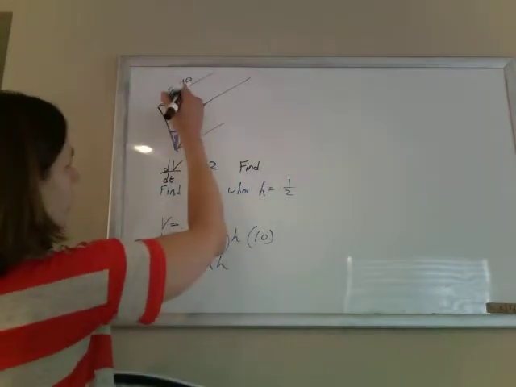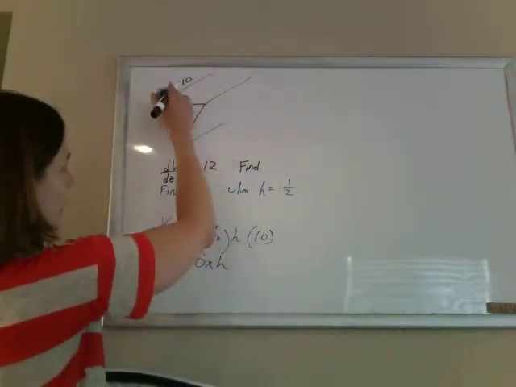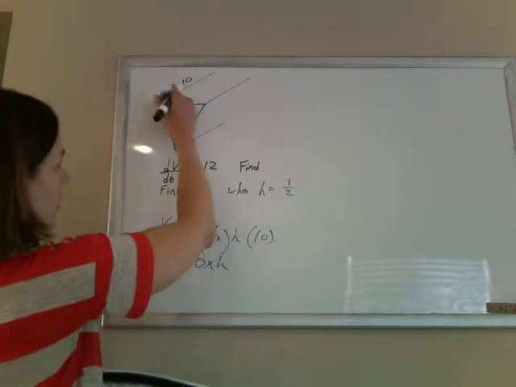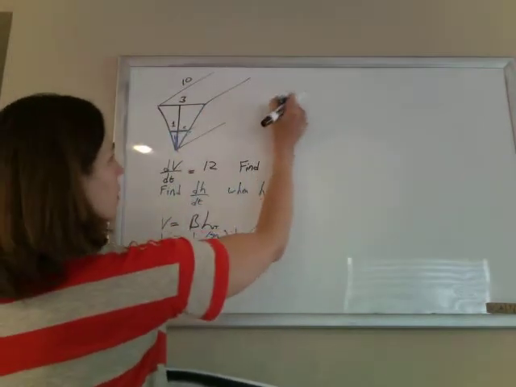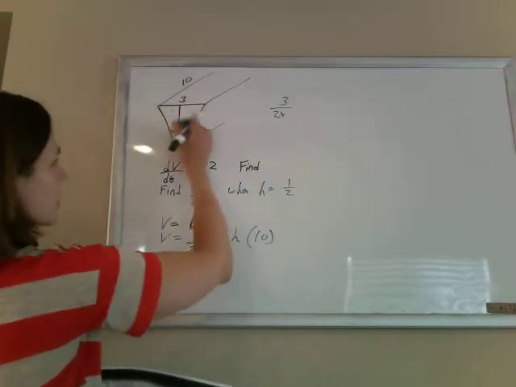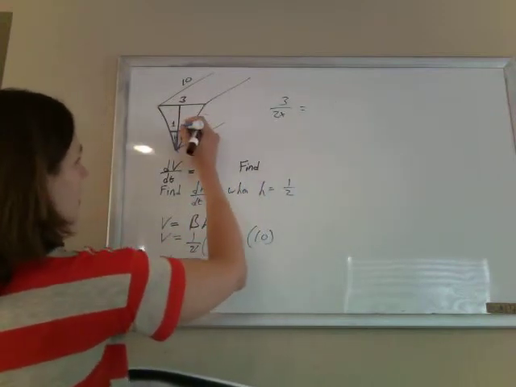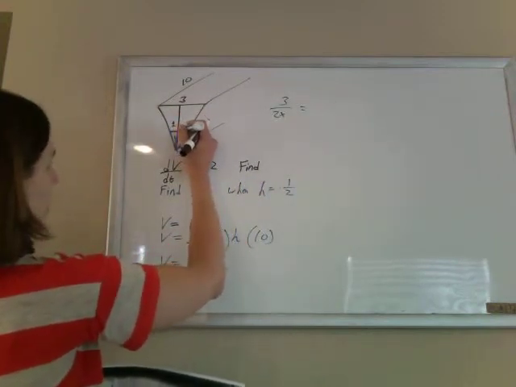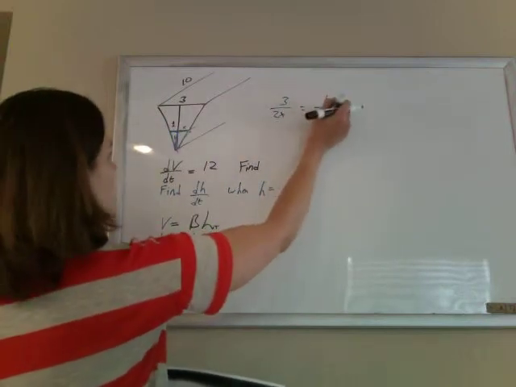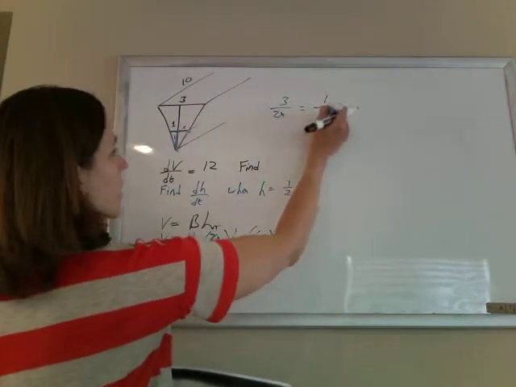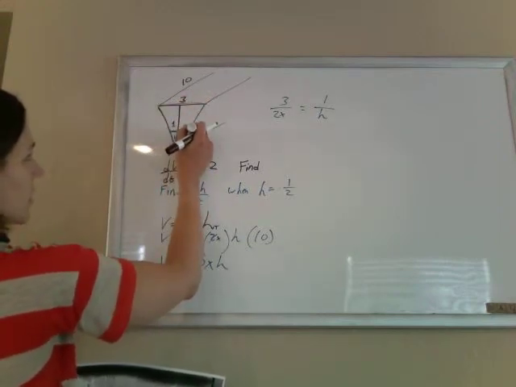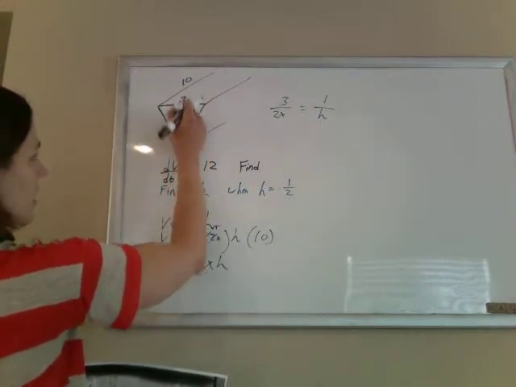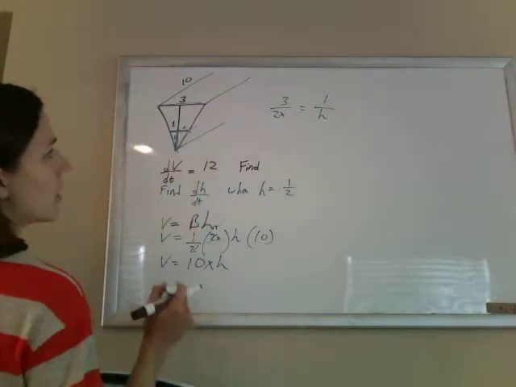So I know that this length, the 3, is to the 2x as the height of the whole thing, the 1, is to the height of the water h. So this length is to that length as this height is to that height.